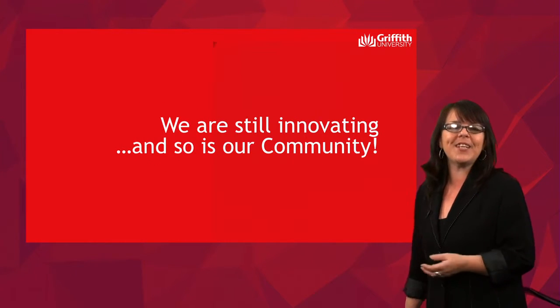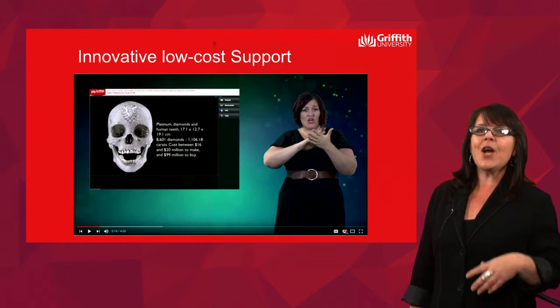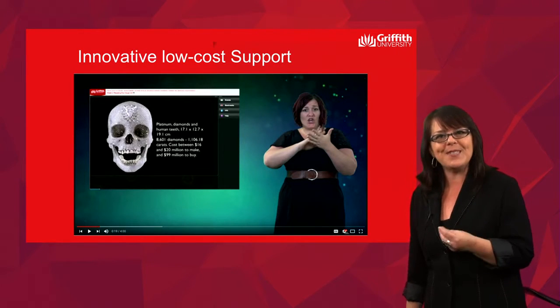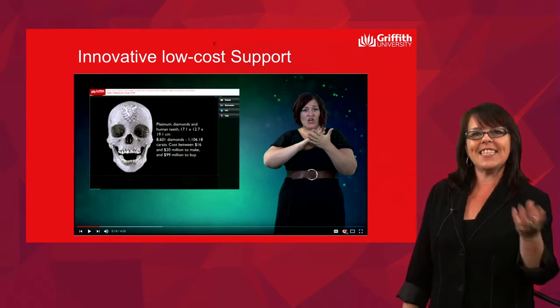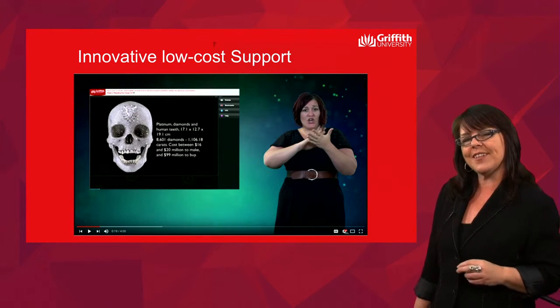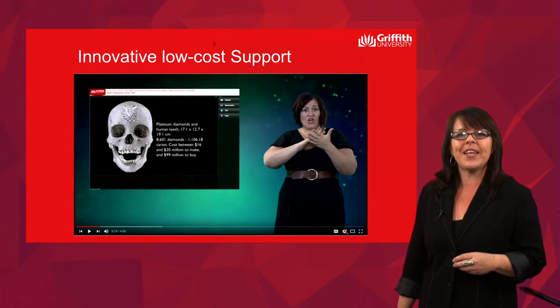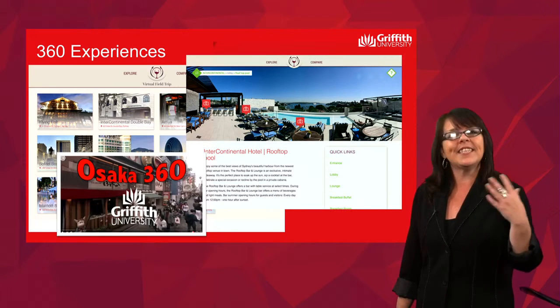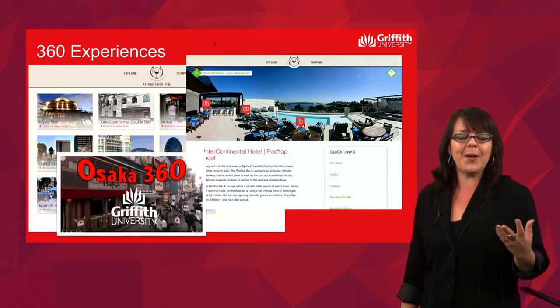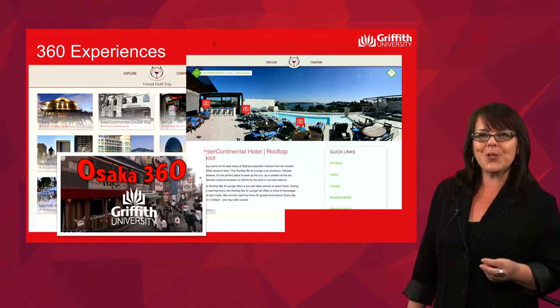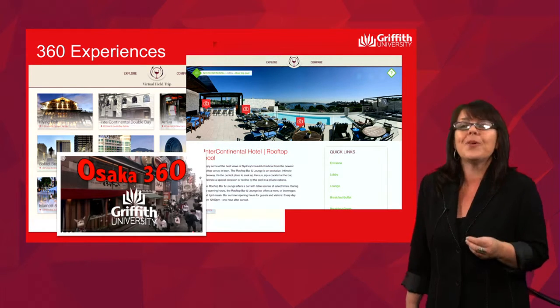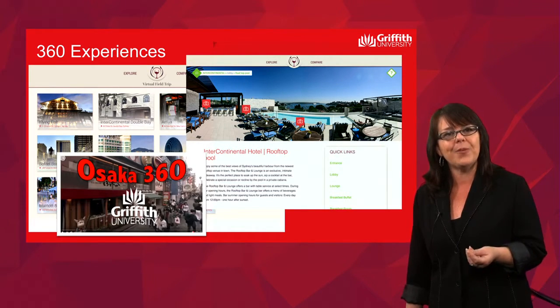We are still innovating, and so is our community. We see new forms and uses for the CYO every day. Here's a great example for hearing impaired students, and a great way to utilise it. We're seeing the loan registers, equipment being utilised for all types of stuff. One of our 360 GoPros went to Japan this year, lucky GoPro.